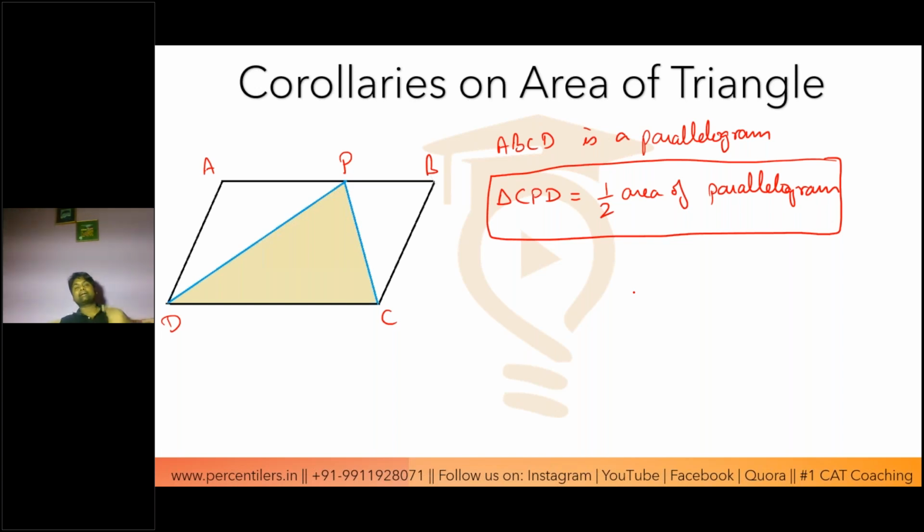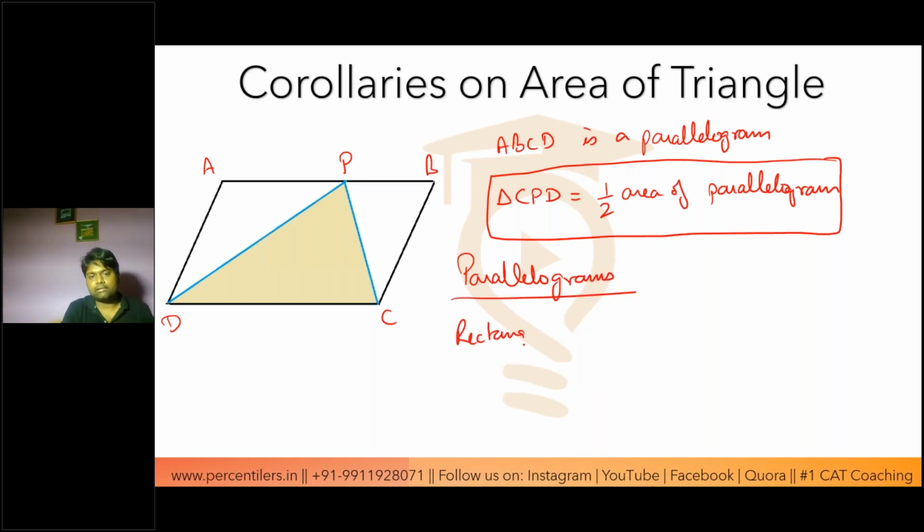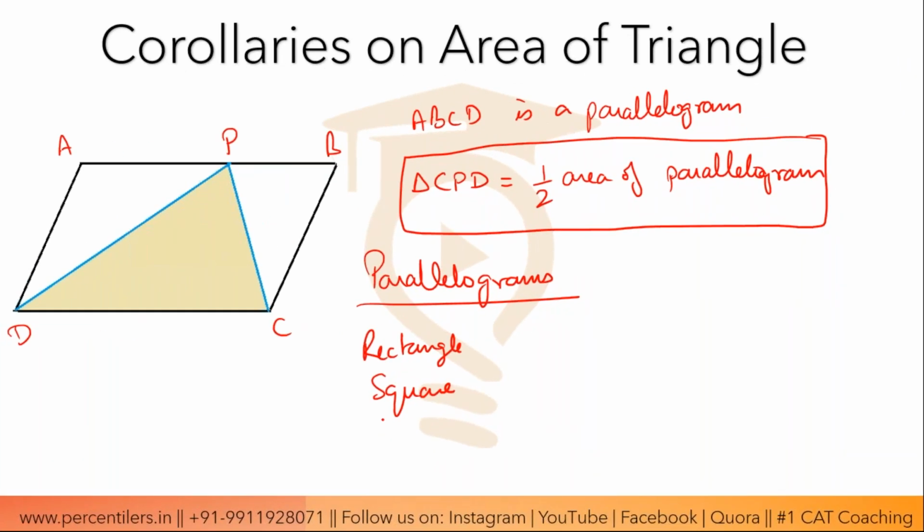And let me tell you, a rectangle is also a parallelogram. A rhombus is also a parallelogram. Let me write: rectangle, square, rhombus. These are all parallelograms.